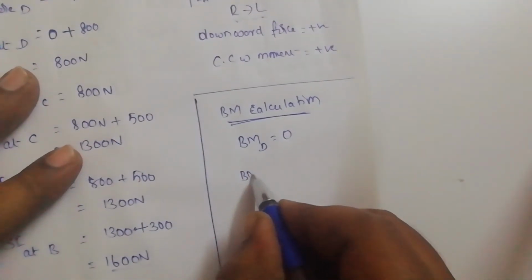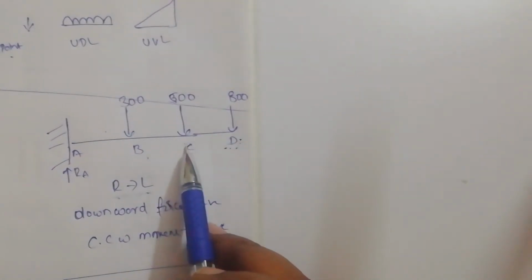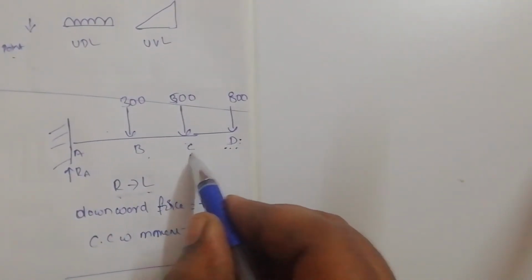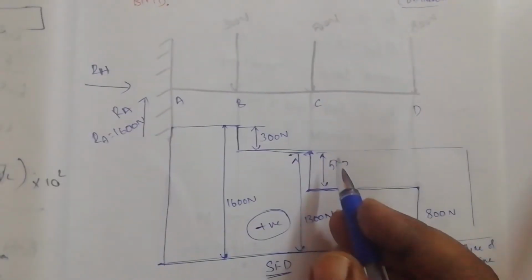Next is bending moment at point C. So at point C, let us go and watch. So this is the C point. So right of point C we have a load, at a distance that will be given in your problem.